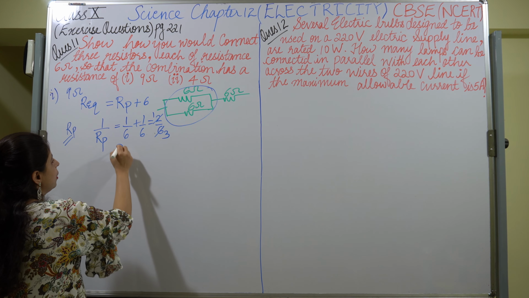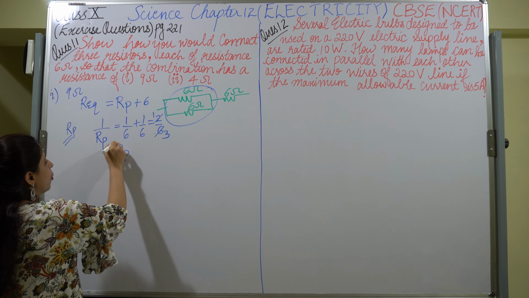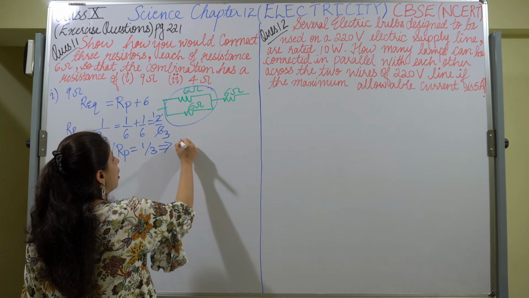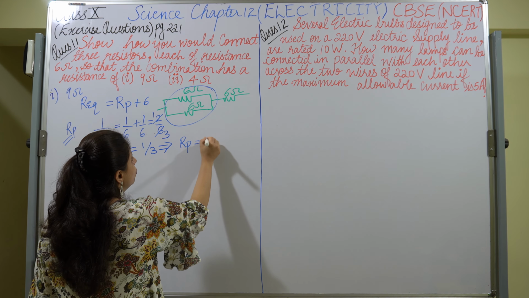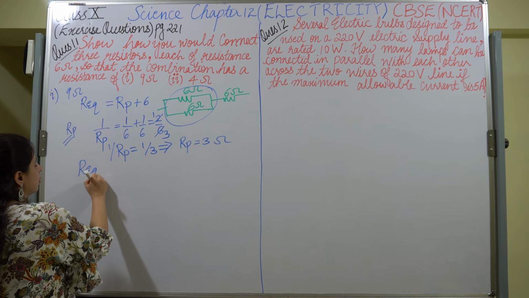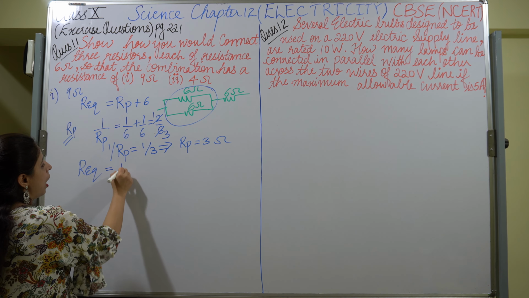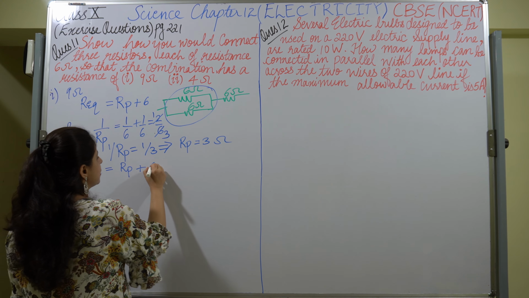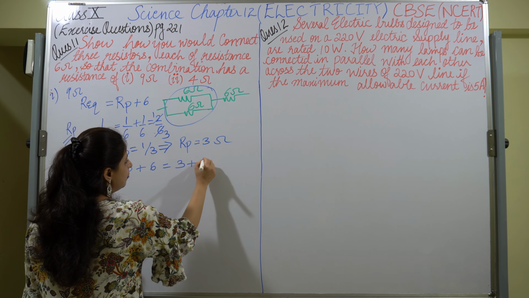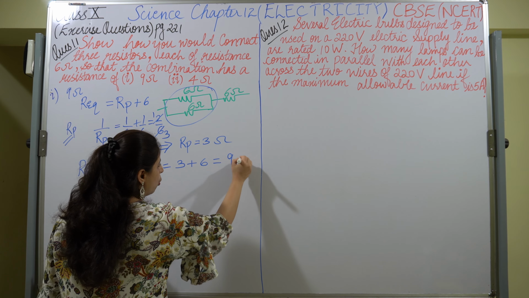So 1 upon Rp will be equal to 1 upon 3, which gives us Rp equal to 3 ohms. And R equivalent is given by Rp plus 6. So Rp is 3, and 3 plus 6 will give us 9 ohms.